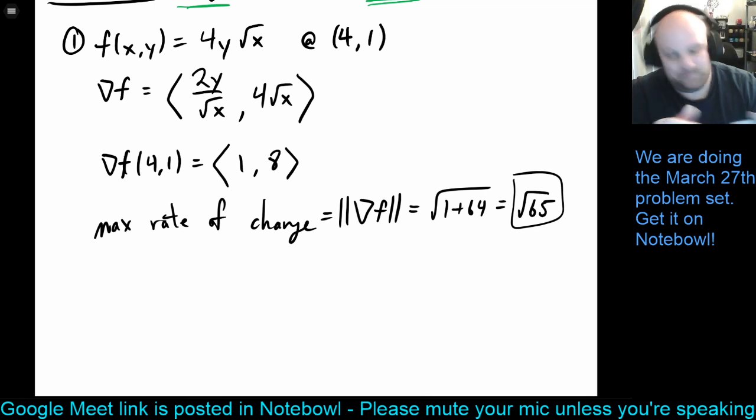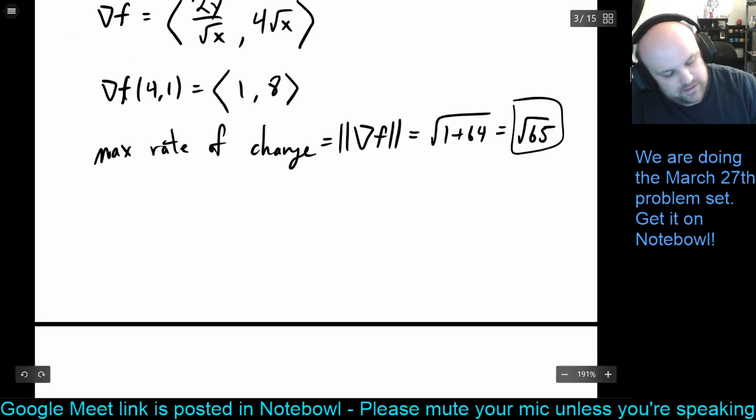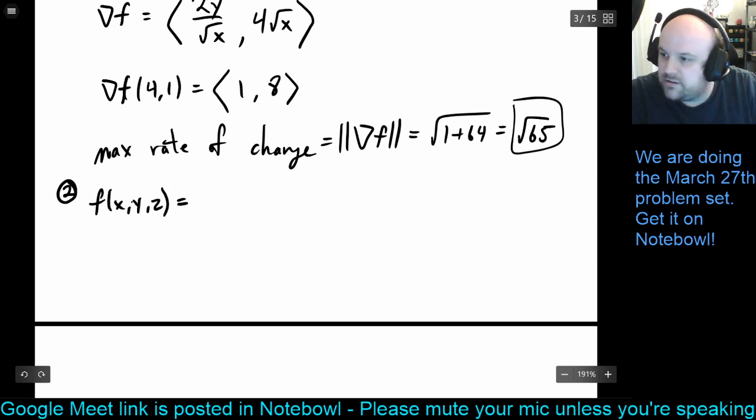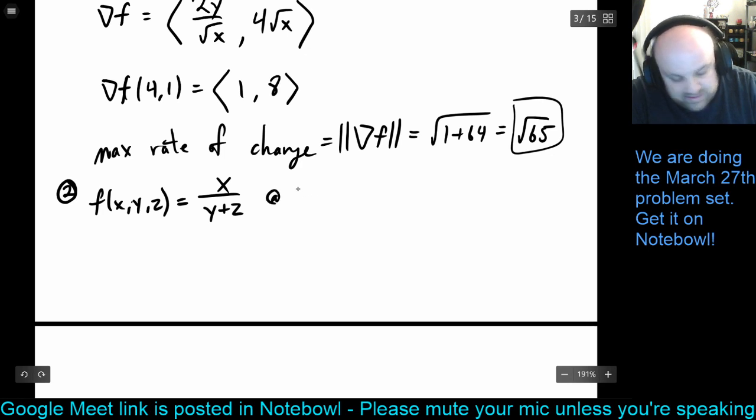All right. So here we have f of x, y, z equals x over y plus z. And we're doing this at (8, 1, 3). So gradient of f, when we differentiate this, we're going to get 1 over y plus z.